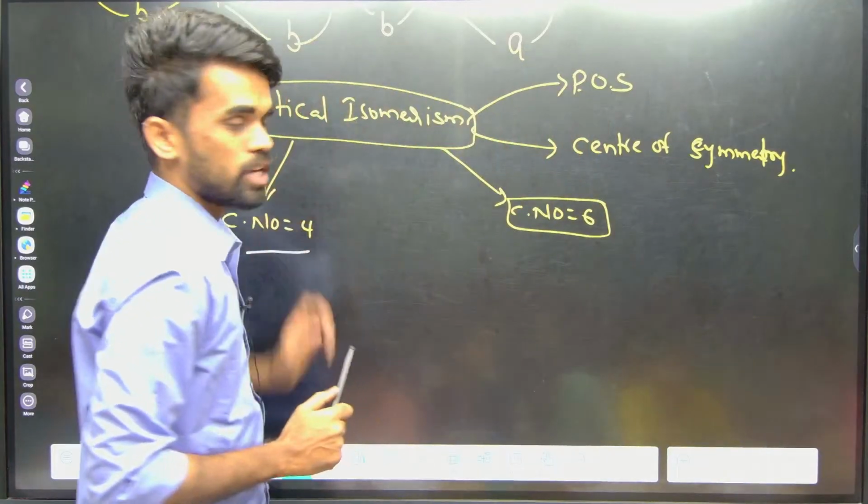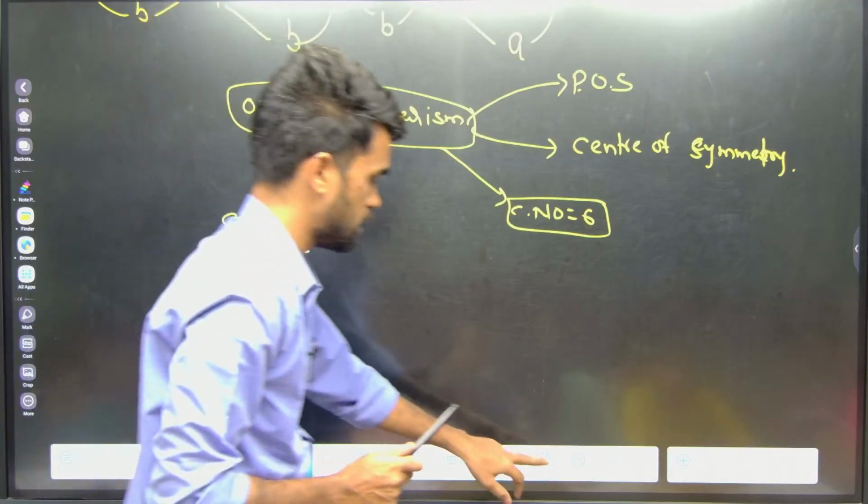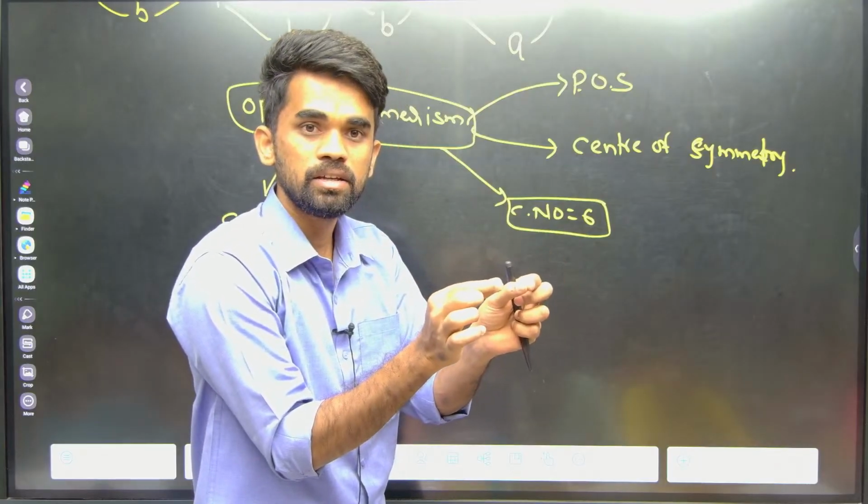Now here we are talking about inorganic compounds, I mean coordination compounds. Here also we need to check. See, if there is any plane of symmetry, the molecule is optically inactive.